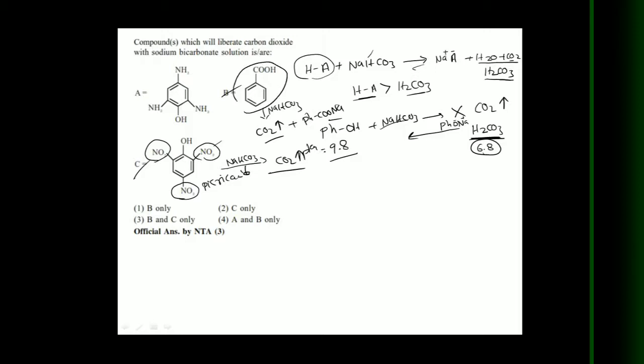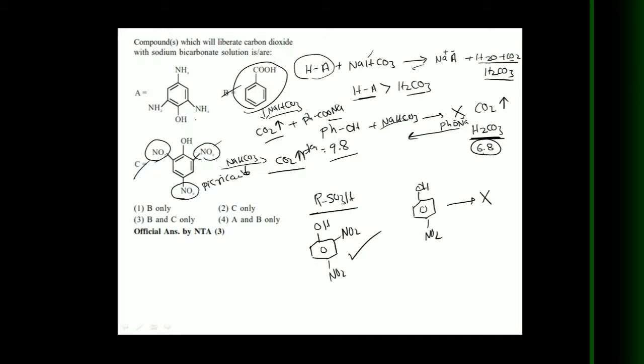All carboxylic acids can react with sodium bicarbonate, and all sulfonic acids can react with sodium bicarbonate. Among the phenols, dinitrophenol also can react with sodium bicarbonate, and mononitrophenol is not much more acidic, so no reaction with sodium bicarbonate.